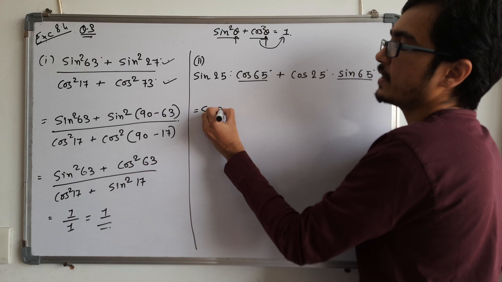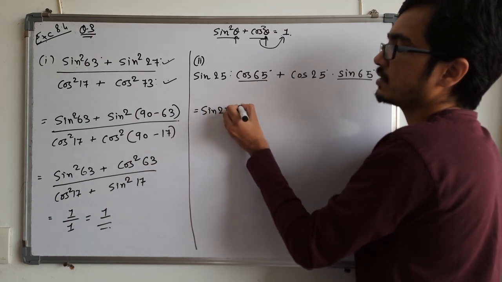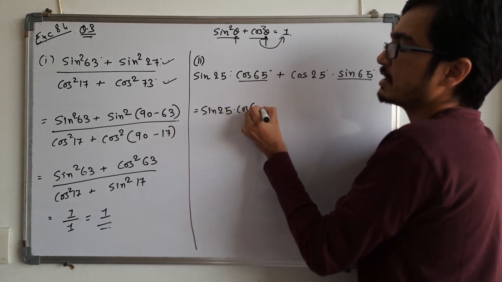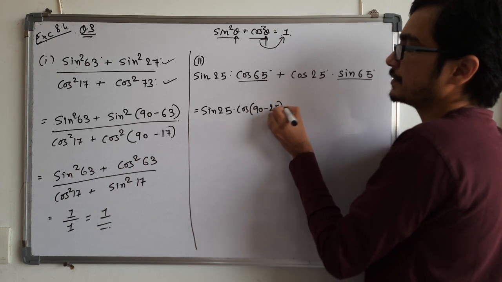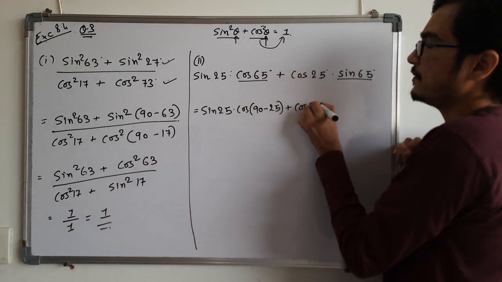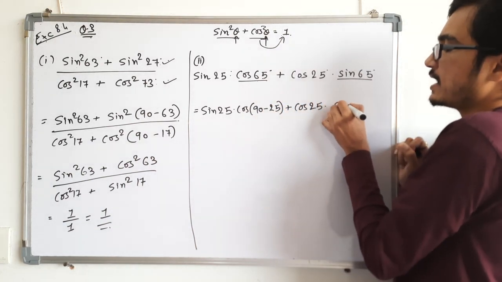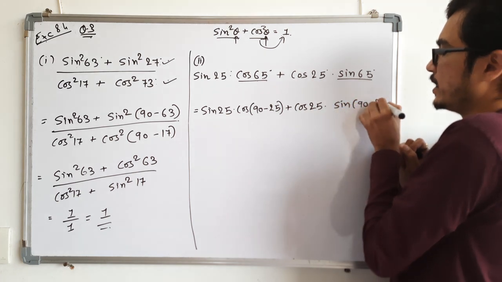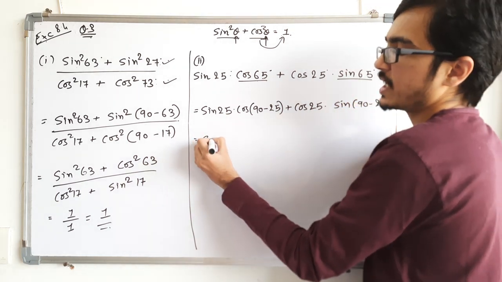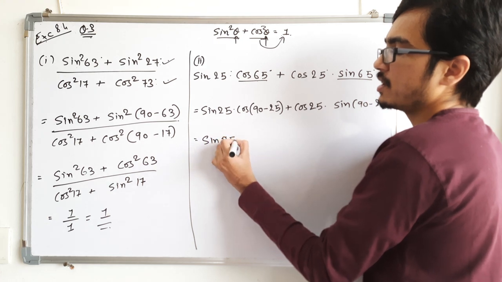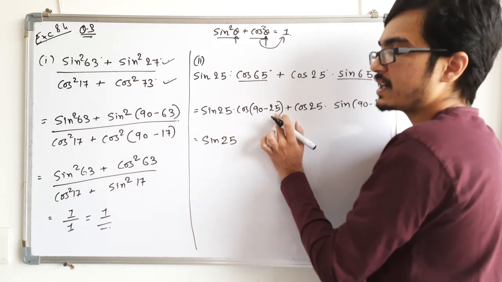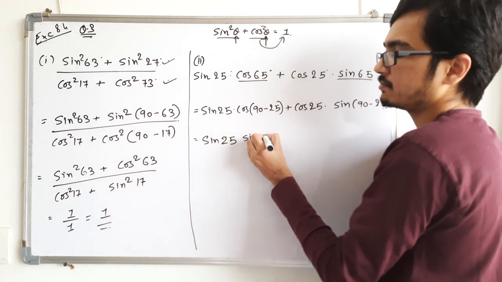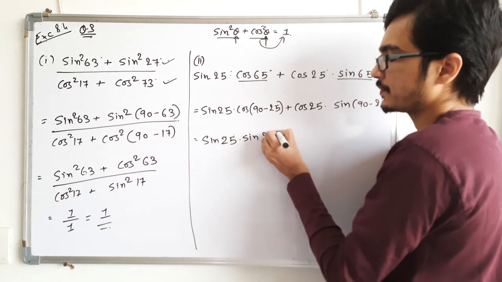So sine 25, this will be converted. Cos 65 can be cos of 90 minus 25. Sine 65, again, can be sine of 90 minus 25. So sine 25, cos of 90 minus theta is sine theta. So sine 25.